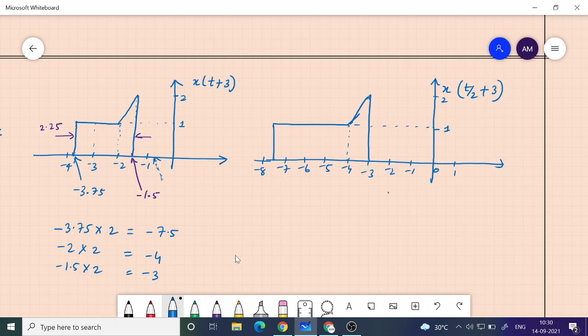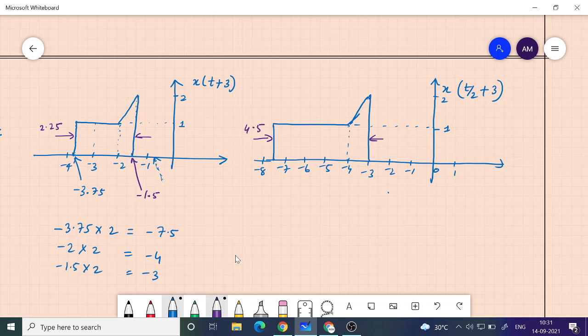Earlier it was minus 1.5, it became, into 2, minus 3. Earlier it was minus 2, where there is a change happening, so into 2, minus 4. Now look at the width. What I said was it should be 4.5. So this is minus 7.5 and minus 3, and 7.5 minus 3 is 4.5.